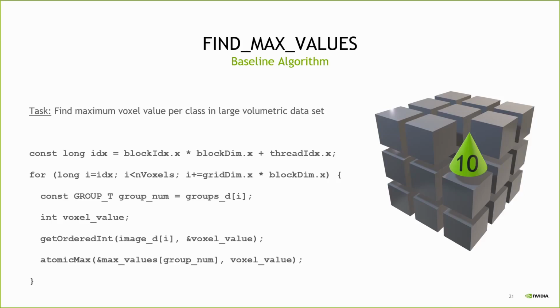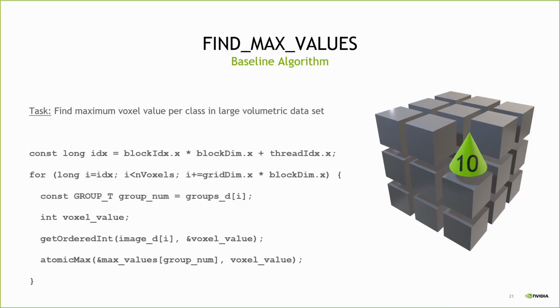And so you can see in this original code, which is very simple, we're basically looking up the group number for a given voxel. We then fetch the value of that voxel, and we convert that to this intermediate integer representation, which we can use to compare against all the others. Then we perform an atomic max on that integer representation of that voxel value, and we put that into the storage location for that segmentation group.